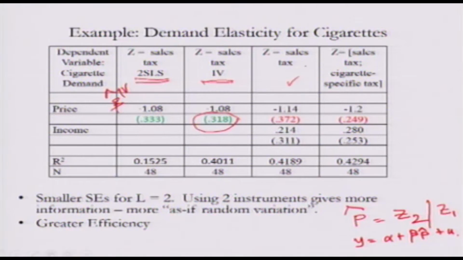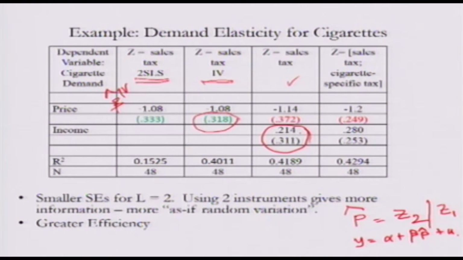The third column is interesting because now is the first time that we include the income variable. If you do not include income, the sales tax IV is going to be endogenous, in the sense that the IV is going to be correlated with U, because income would be in the error term if you do not include income as a control variable.